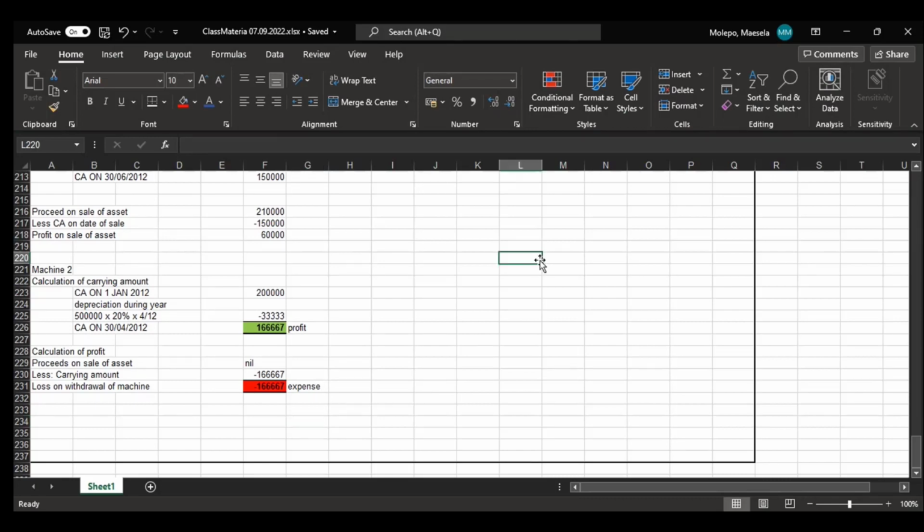Remember, I said when we are doing the statement of profit and loss, we have that abbreviation. You remember my abbreviation? So gross profit, you still remember, right?